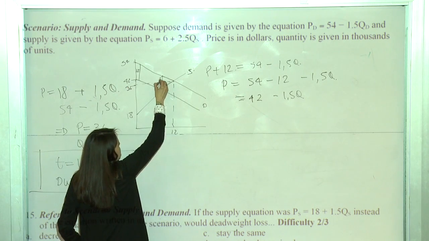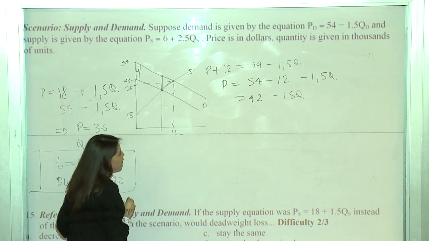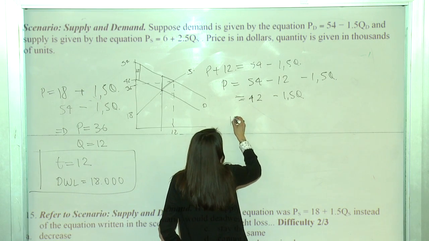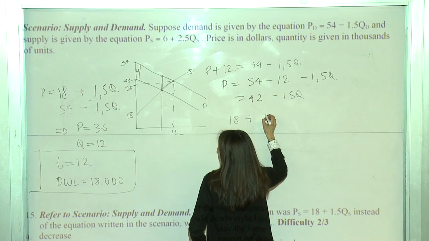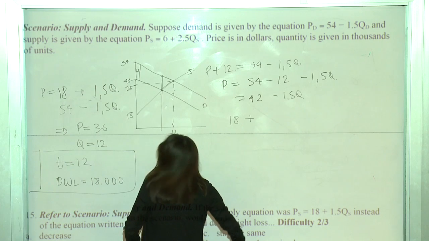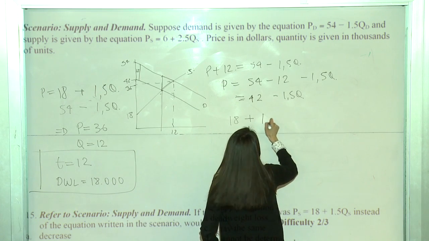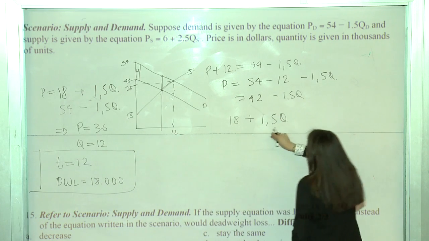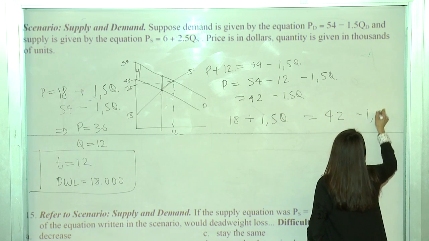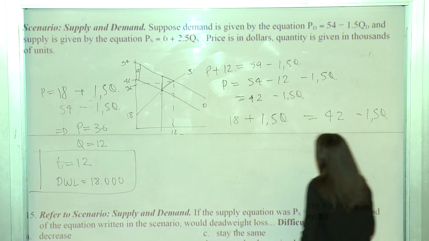Okay, so I need to find the size of this triangle. I know that the tax is 12. I need to know the difference between these two. So what I need to do is make 18 plus 1.5 Q equal to 42 minus 1.5 Q, okay?